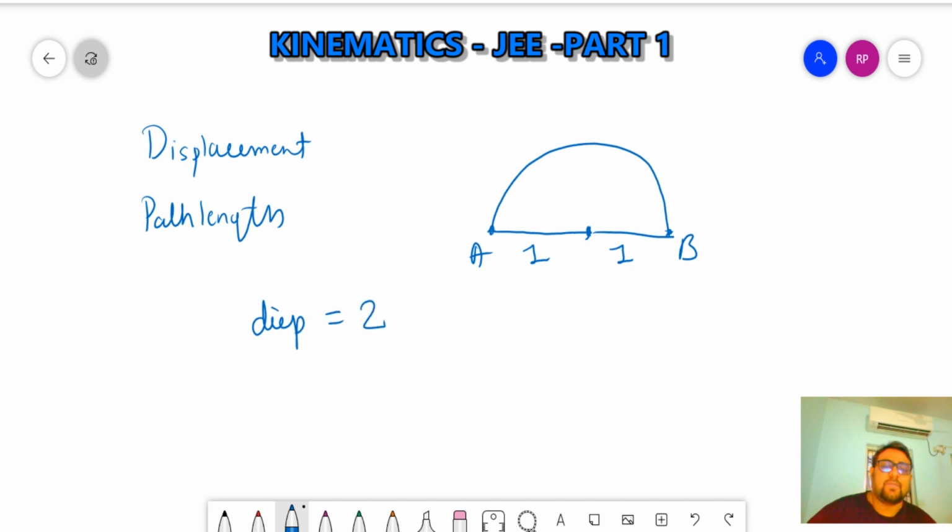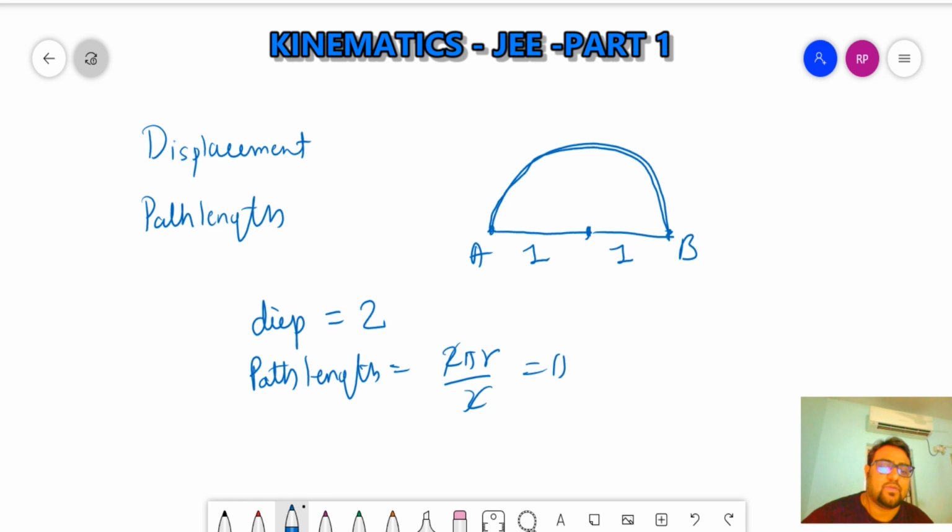And what will be the path length? Path length will be the total distance covered. A complete circle is 2 pi r, so this will be 2 pi r by 2, which is equal to pi r, meaning pi into 1, that is pi. Clear? So this was about displacement and path length.